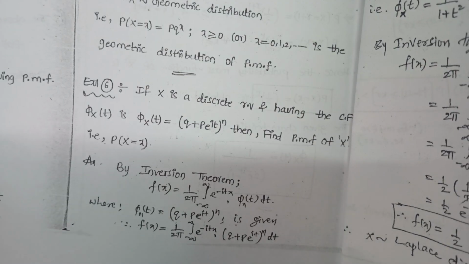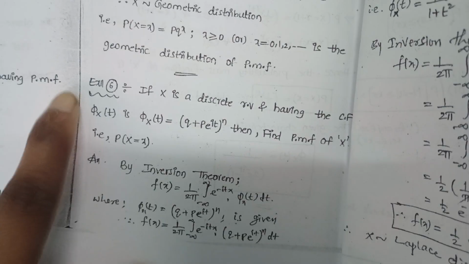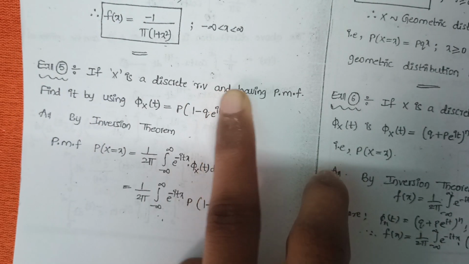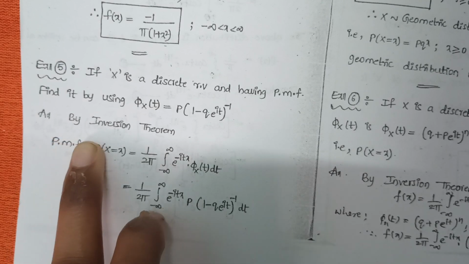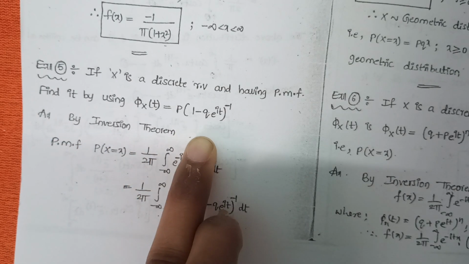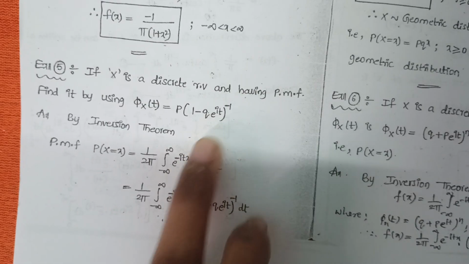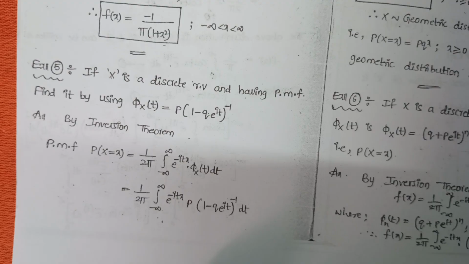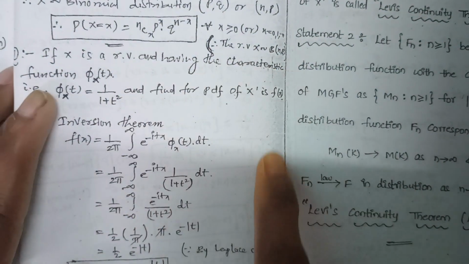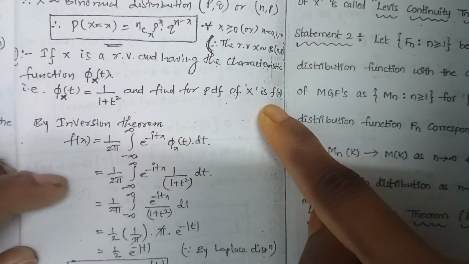Here, if x is a discrete random variable having a PMF, find the characteristic function using phi x of t equals p into (1 minus q e to the power of it) whole to the power of minus 1. And another question: if x is a random variable having the characteristic function phi x of t, then what is the PDF?